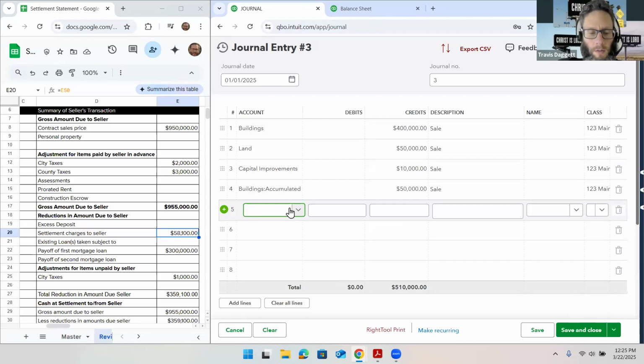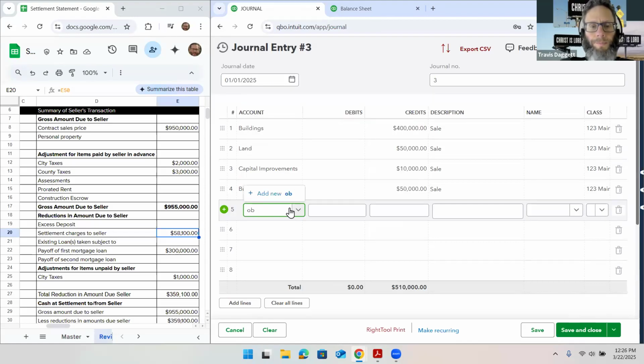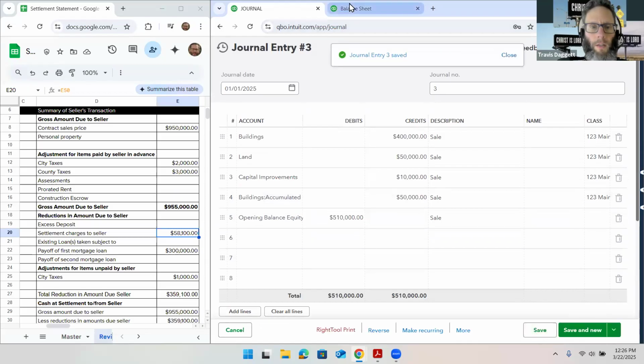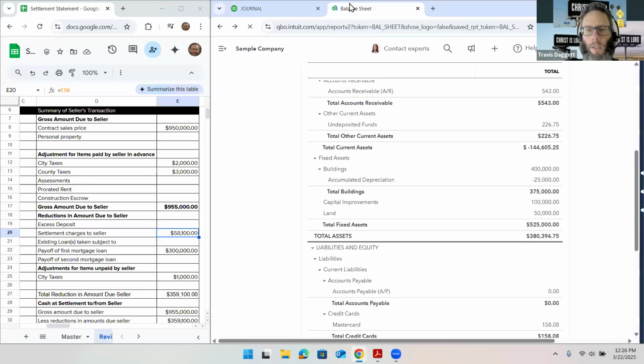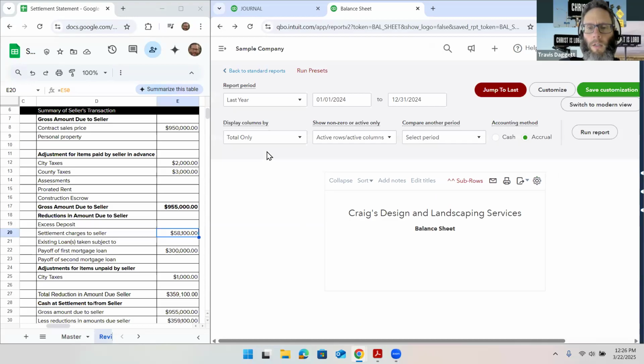I'm just going to test this just to see where I'm at so far. It's a test. Save. And let's look at our balance sheet, just to make sure we accomplish what we want to accomplish.